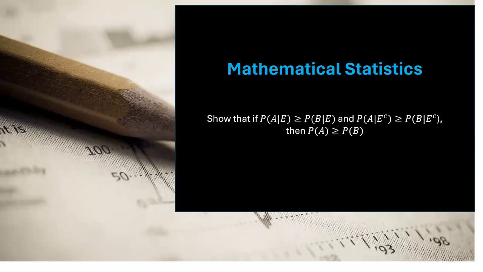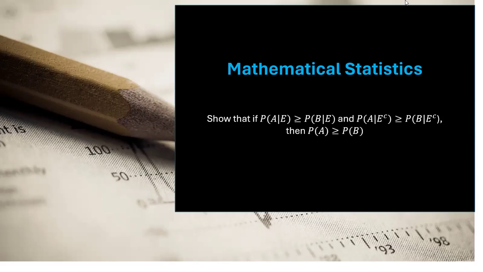So it's kind of intuitive: both conditional probabilities of A are greater than those of B, so intuitively PA is greater than PB, right?